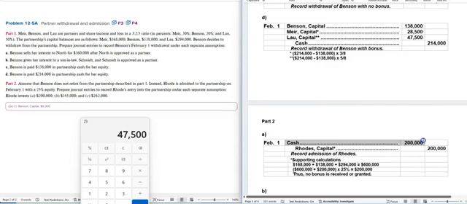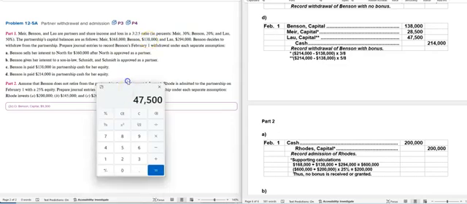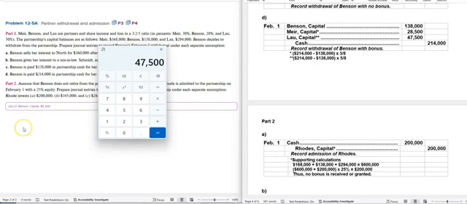And so Rhodes' capital account is going to need to be increased by 25% of equity. So we need to figure out what equity is in order to determine what that 25% will be. As the partners coming in, equity is $168,000 from Mayor, $138,000 from Benson, and $294,000 from Lau, plus the $200,000 that Rhodes is now investing.